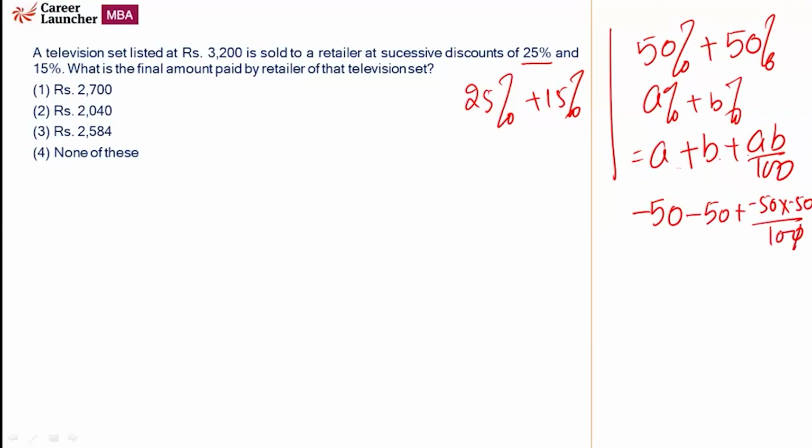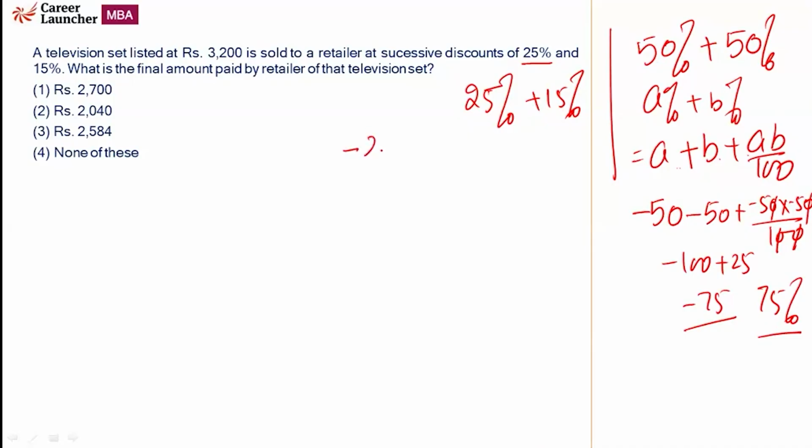I will cancel 2 zeros. I'll say it is -100 plus 25 is -75. How much percent discount you got? 75%.